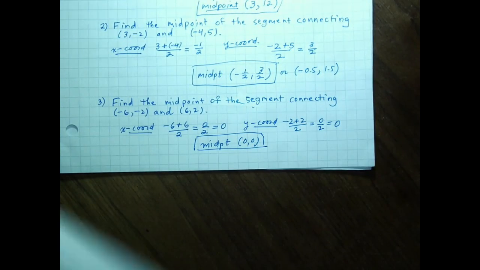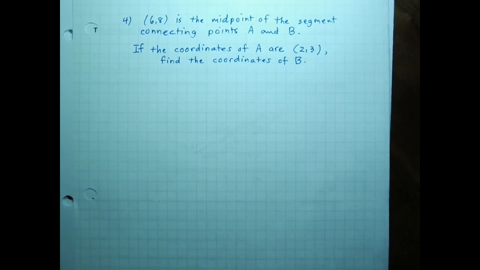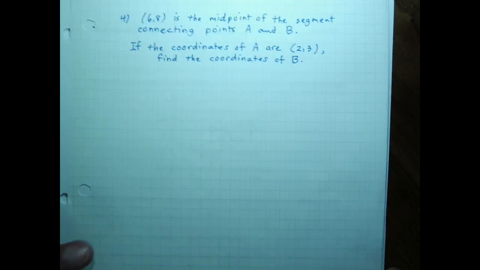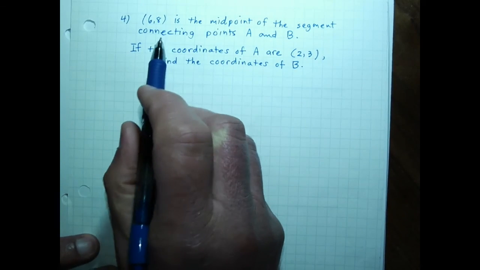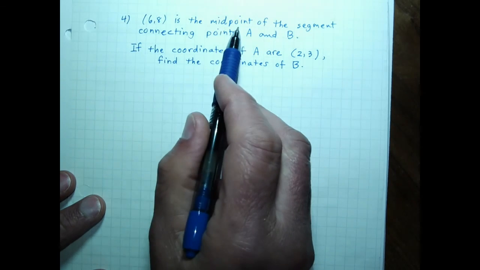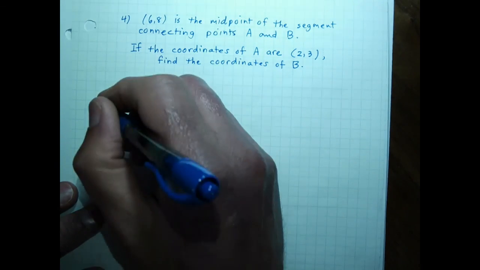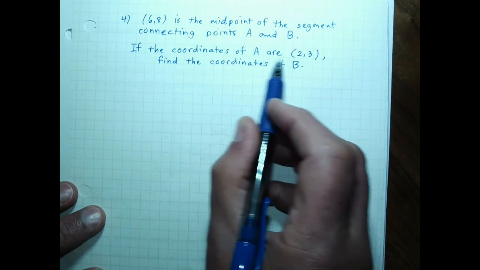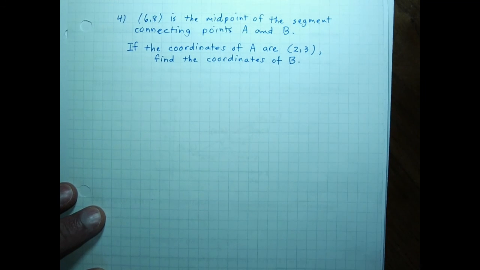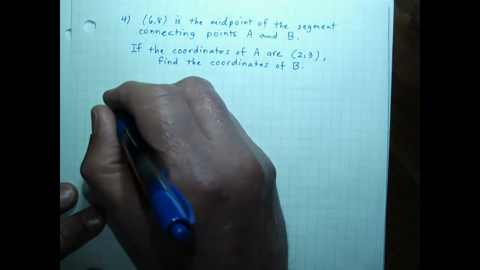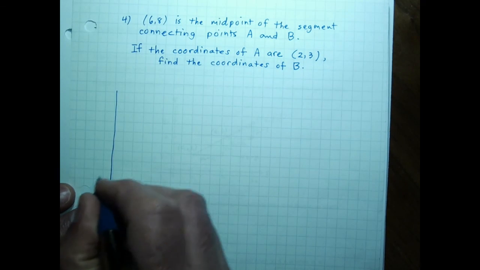And we've got one more exercise here, and it's a little bit trickier. So here's the given problem. (6, 8) is the midpoint of a segment connecting the points A and B. If the coordinates of A are (2, 3), find the coordinates of B. So we're playing a little twist on things here.